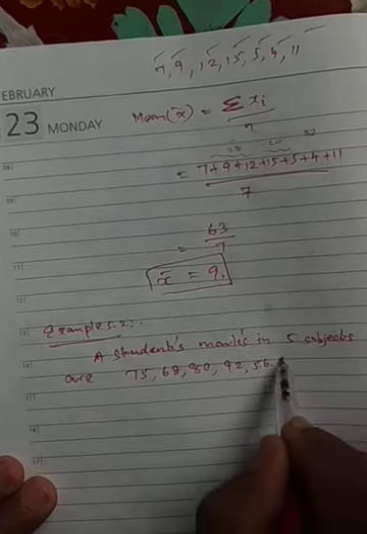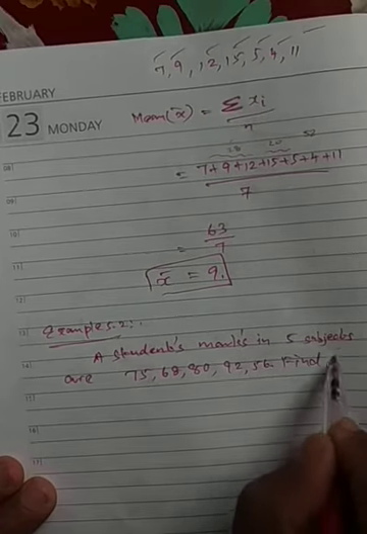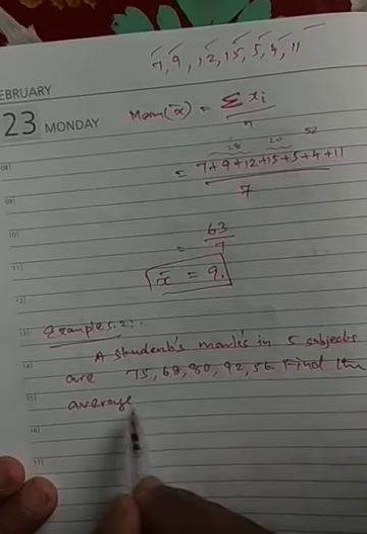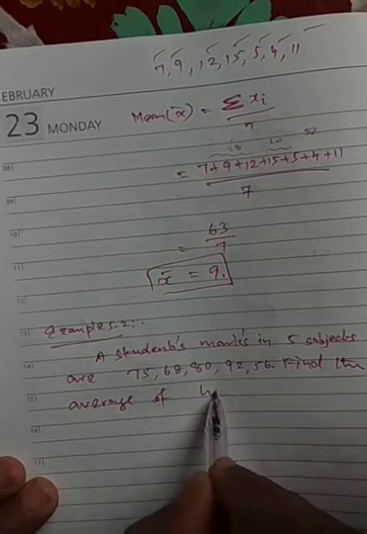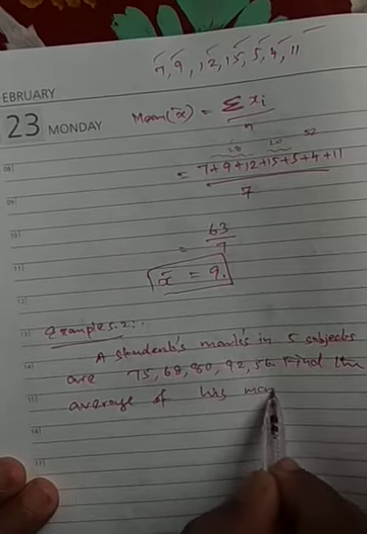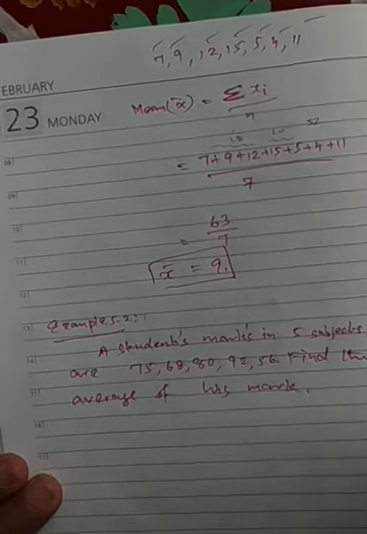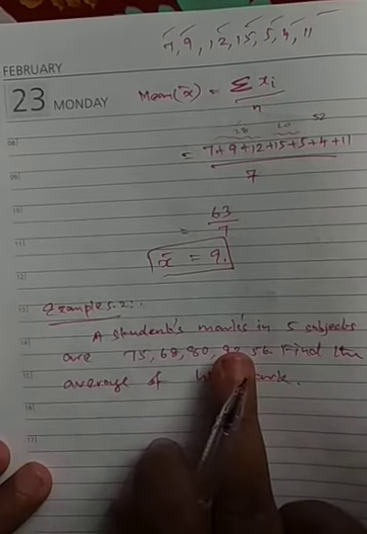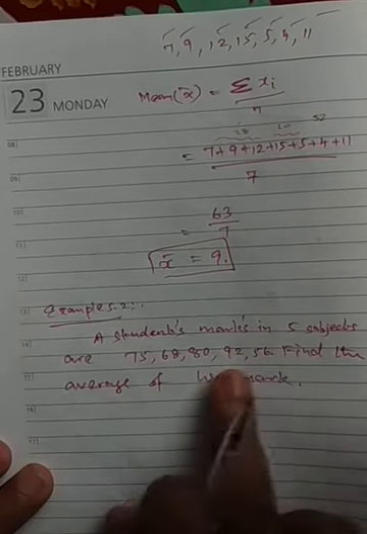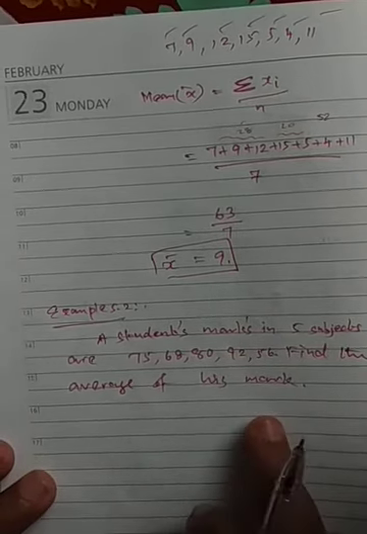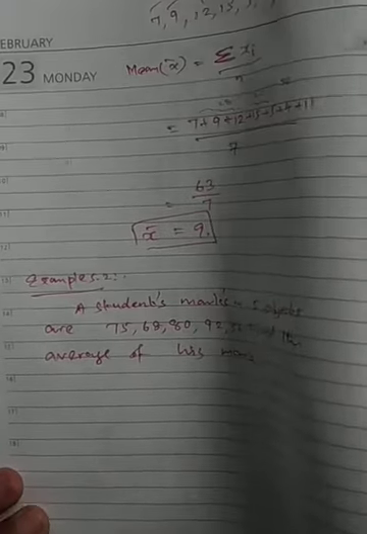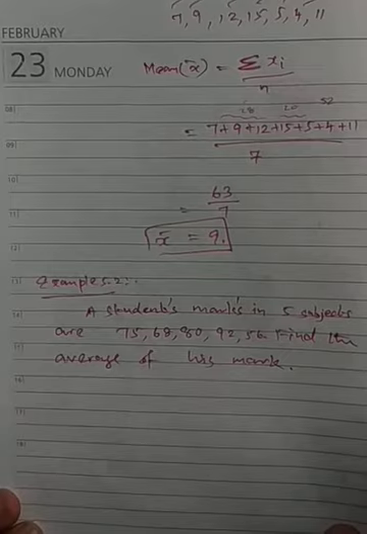They're asking to find the average of his marks. So this is the thing they are saying. The student's marks in 5 subjects they have given, and they are asking to find the average of these marks. So this is what we need to calculate.